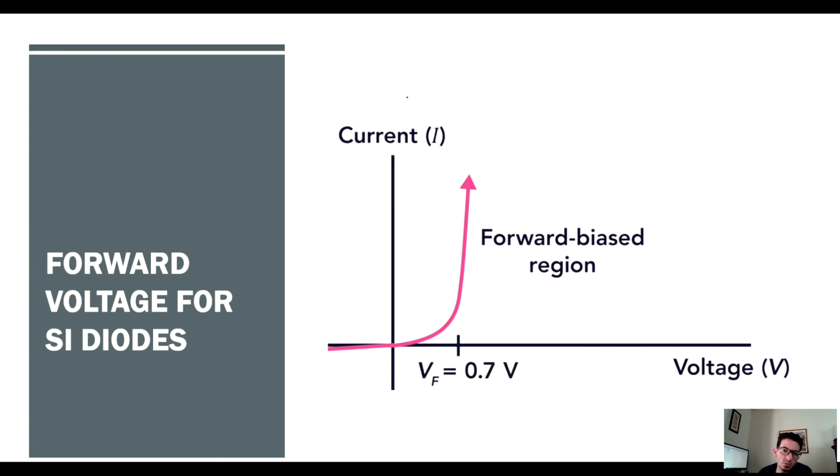For silicon diodes, remember that you have the N-type and the P-type, and silicon is very common. But you can also use different materials. There's research. Companies are always finding cheaper materials that will have better performance. But in general, diodes using silicon, which is very common, will have an activation voltage or forward voltage of 0.7 volts. So it's also called VF.